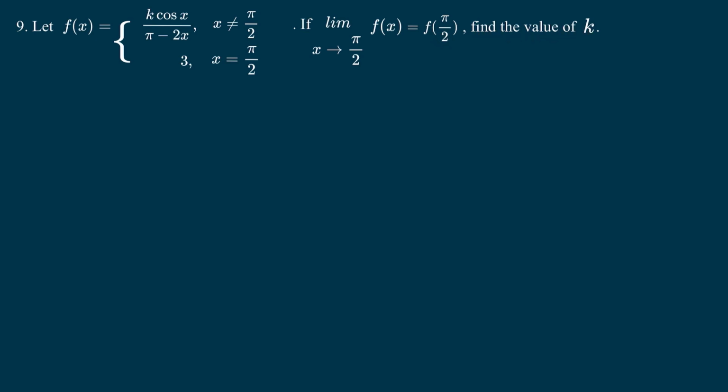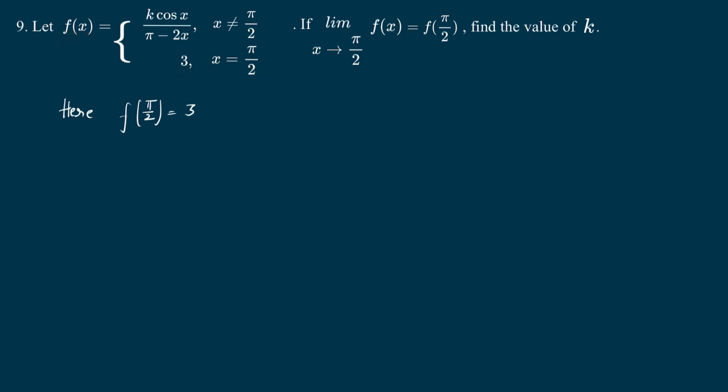Before finding the limit, let us find f of pi by 2. So here f of pi by 2 will be equal to 3. It's that simple, because the question has said that whenever the value of x is pi by 2, then the answer will be 3.